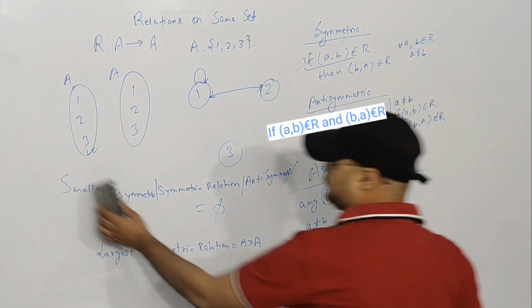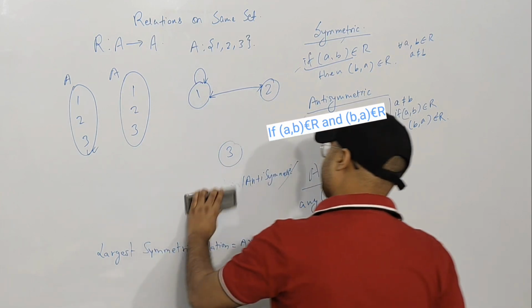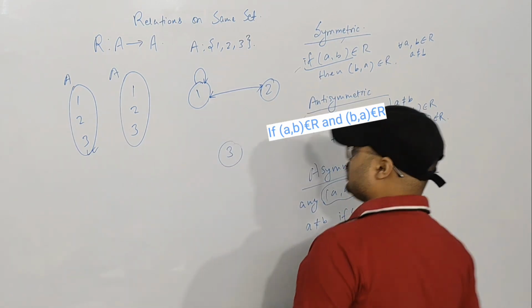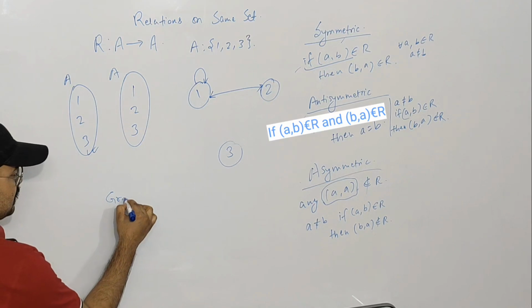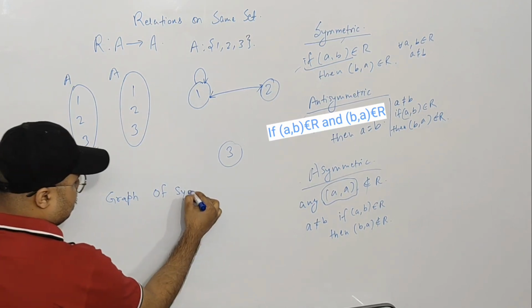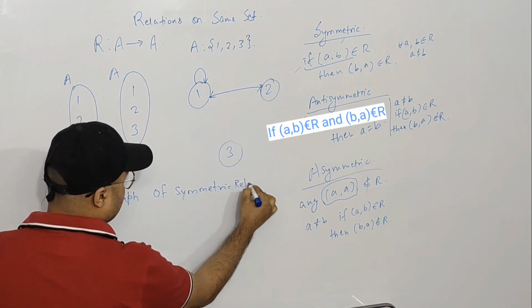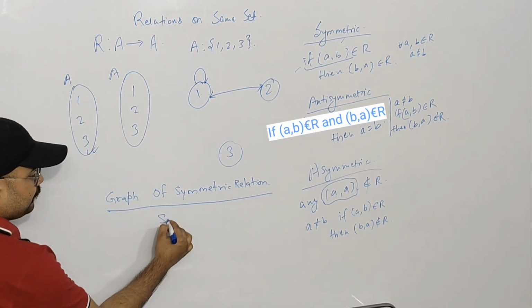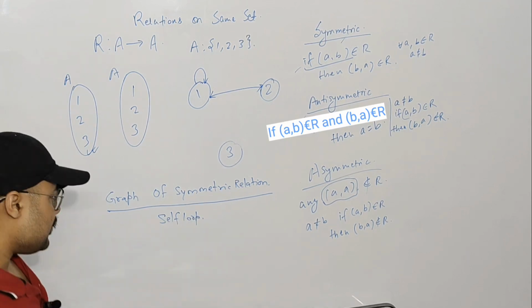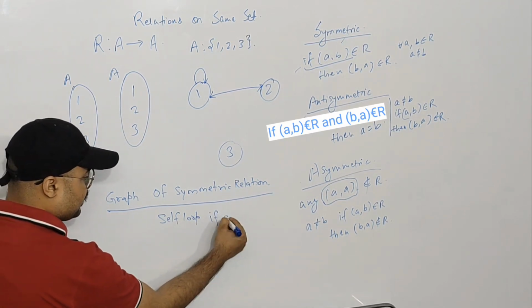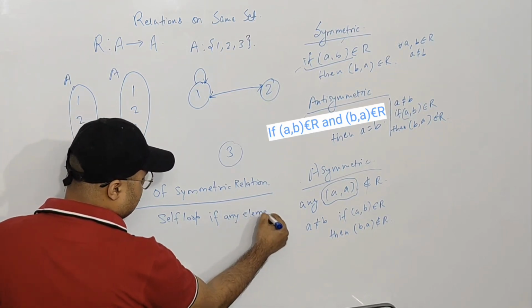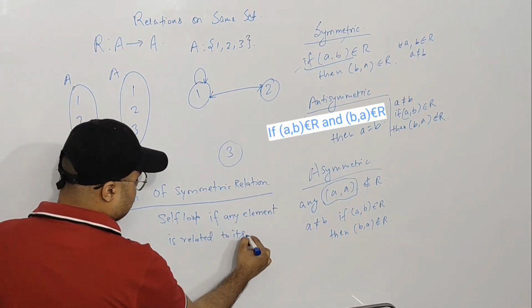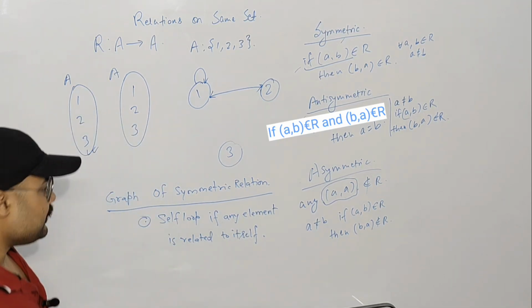Graph of a symmetric relation. There can be a self loop if any element is related to itself.